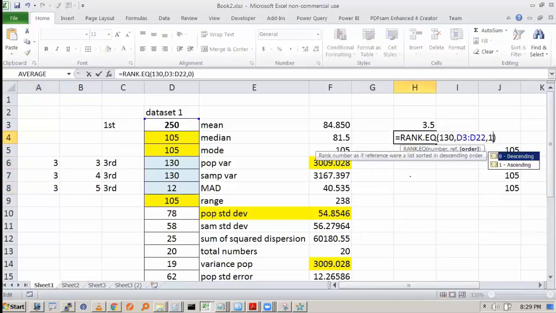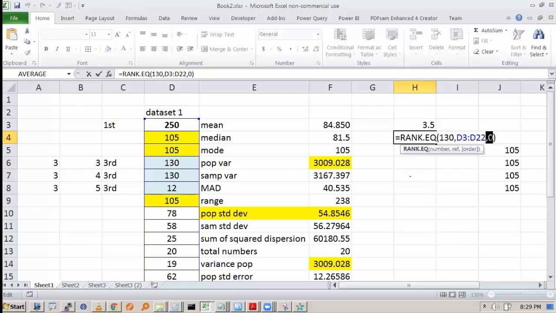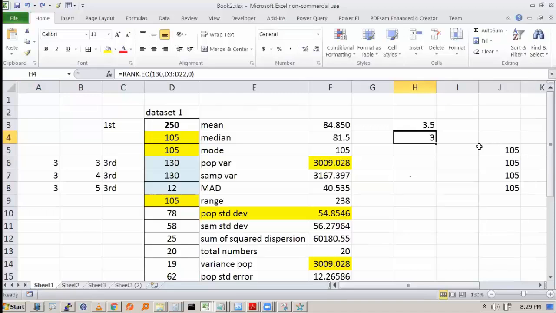So please remember, rank dot average gives the average, rank dot equal gives the equal, and the last argument is the order, whether you want ascending or descending. This is to find out what is the rank of a person in the data set.